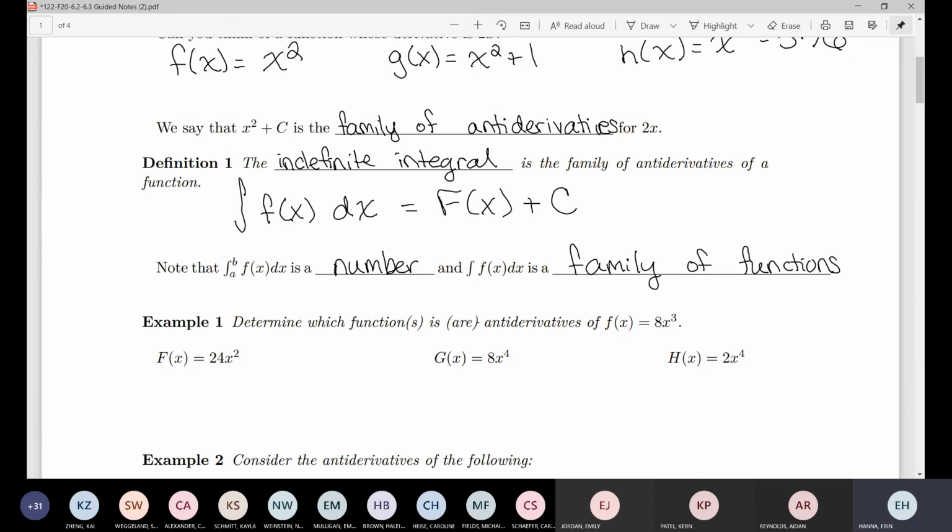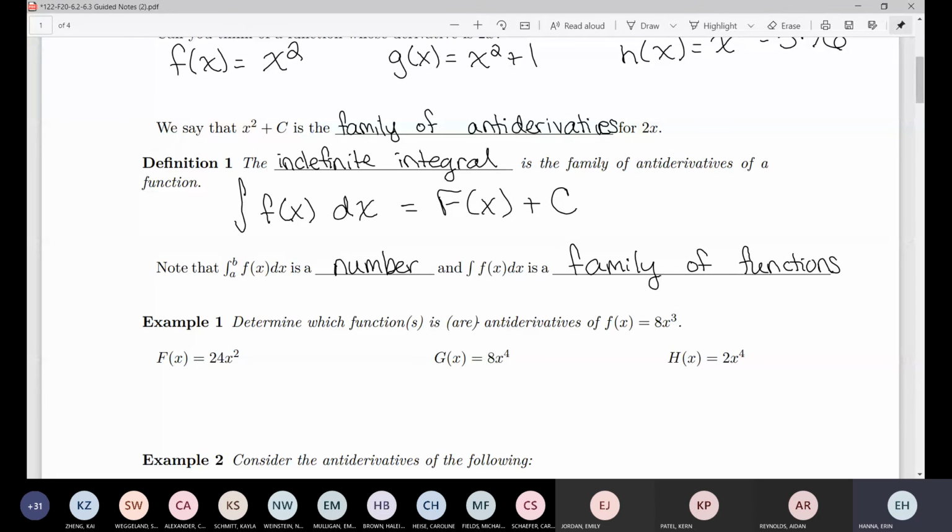So say I want to determine which of the functions is an antiderivative of 8x cubed. One way you can do that is to take the supposed antiderivative and take its derivative. The derivative of the antiderivative should be what you started with.